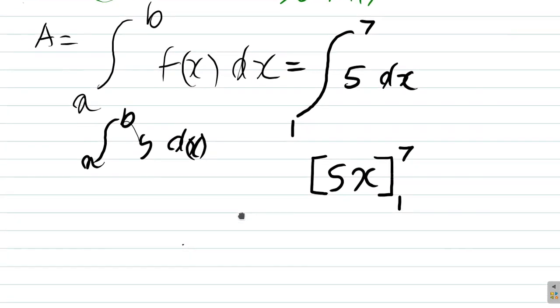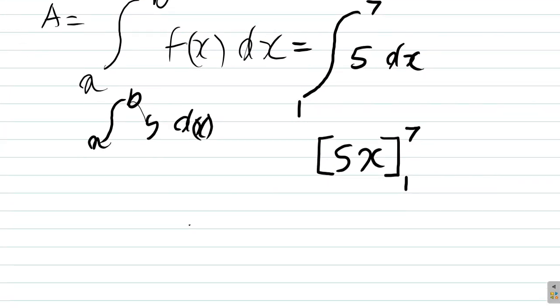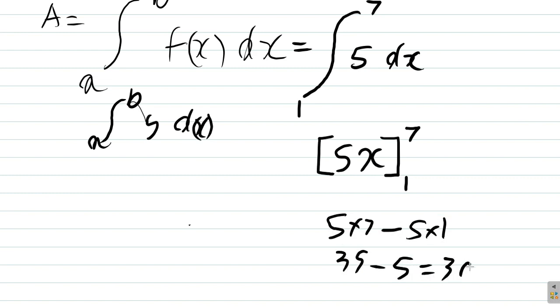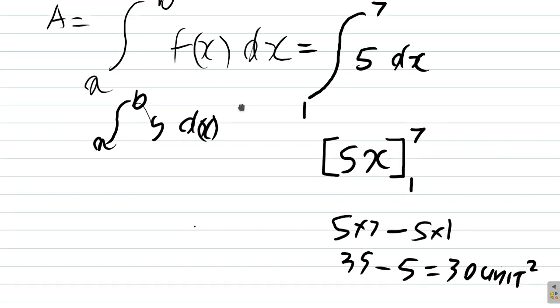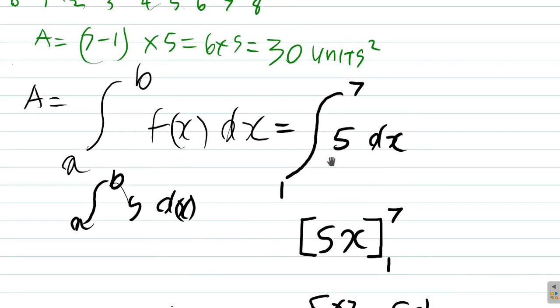So here, you substitute 7 for x, so it's 5 times 7, minus, so you substitute the upper boundary minus 5 times the lower boundary, 1. So it's 35 minus 5, which is 30 square units. Same 30 that you got earlier, all right?